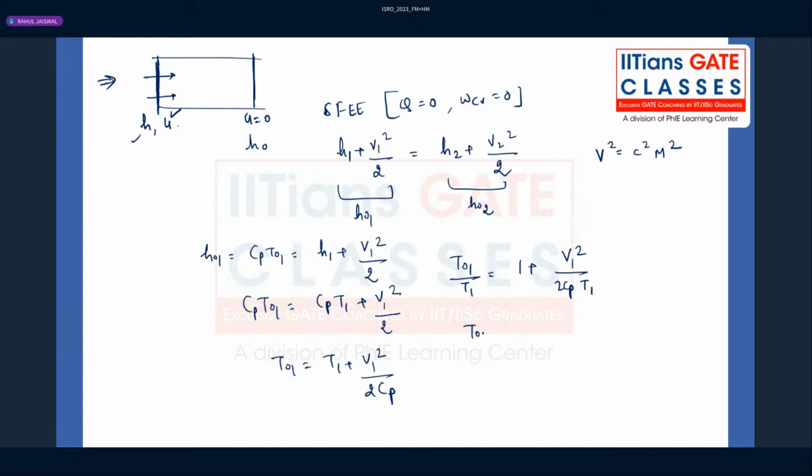So T01 by T1 equals 1 plus C square M square divided by 2Cp T1.